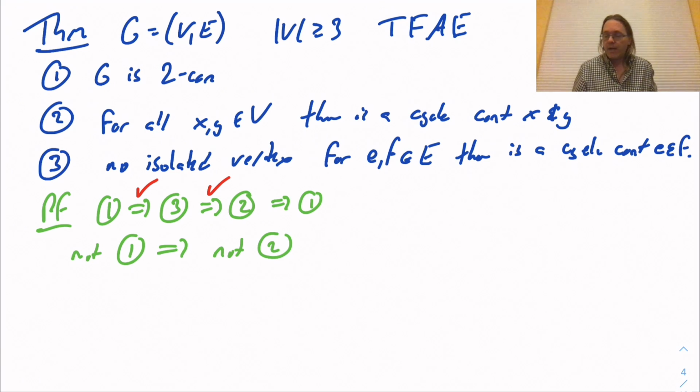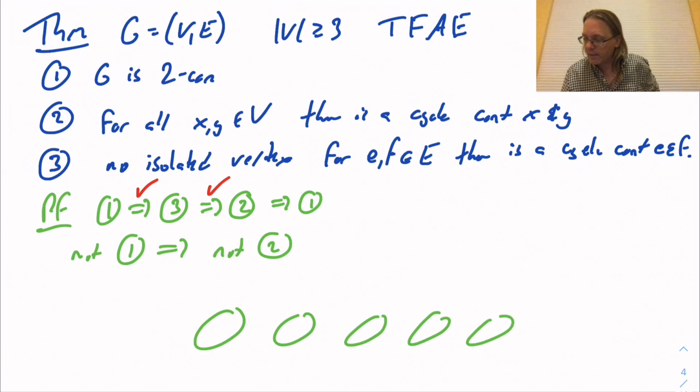If G is a disconnected graph, if there are multiple connected components, say G is looking like this, well, you can choose a vertex X in one component, a vertex Y in another component, and there's clearly no cycle containing X and Y. You can't even find a path from X to Y. So if G was not 2 connected because it was not even connected, then I can choose X and Y in different connected components of G, and it would certainly be the case that there's no cycle containing X and Y. So in this case, property 2 does not hold.